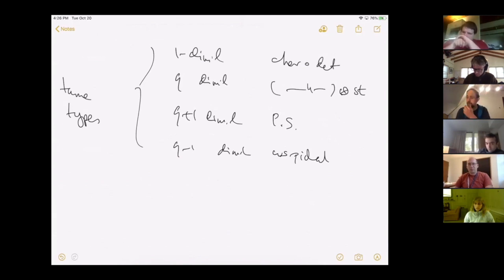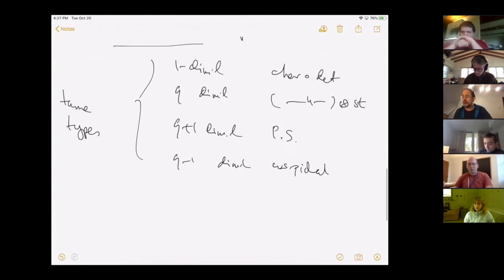One thing about these tame types is that when you're doing rep theory of GL2 of this finite field in characteristic 0, you can think about building them as a special case of Deligne-Lusztig theory. There's a point of view where the principal series look much easier to construct than the cuspidals.